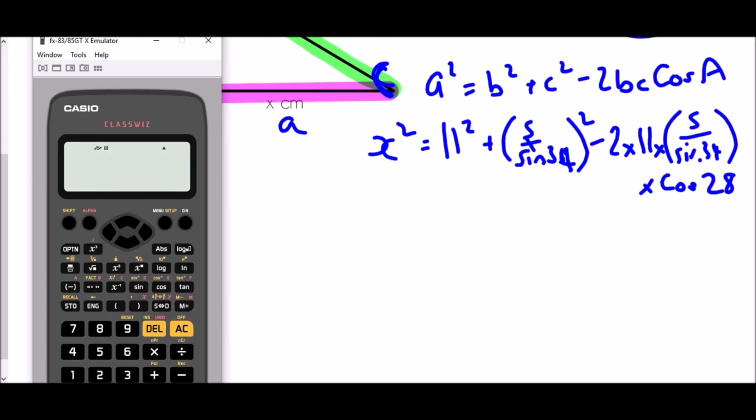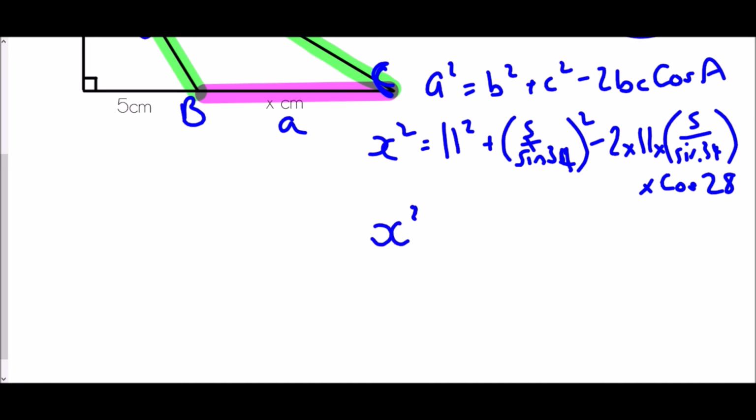So 11 squared plus brackets 5 over sine 34 squared, take away 2 times 11 times brackets 5 over sine 34 times cos 28, and that comes to 27.263.